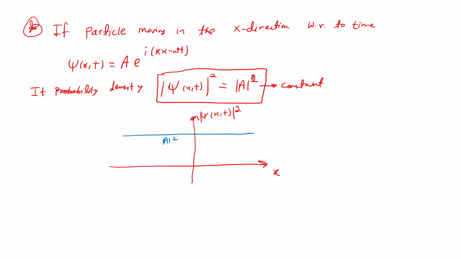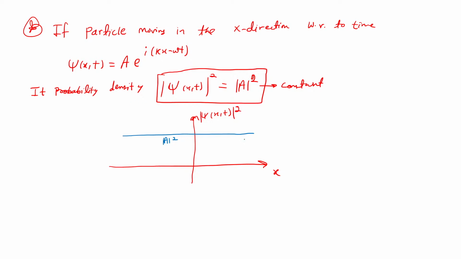Is it possible to have this kind of scenario? This is never possible for a particle to travel all along the space with the same probability. This is not possible. So this is called a wave that is not localized. Your wave is not basically confined to a particular space.